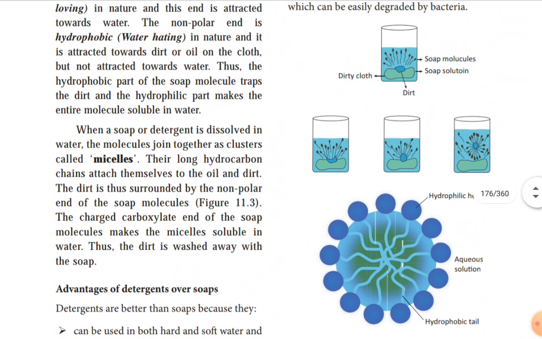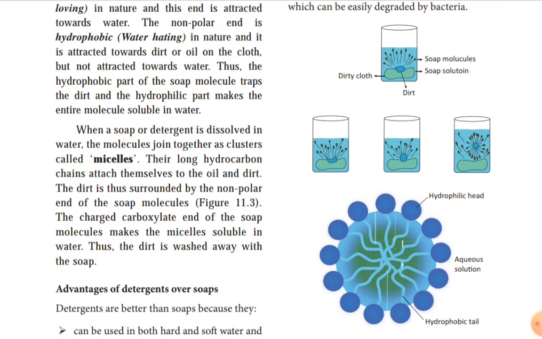One more part is given, what is called micelles. When soap or detergent is dissolved in water, these molecules join together as clusters. That is the colloidal suspension. This colloidal suspension of surfactant molecules dispersed in liquid is called micelles.